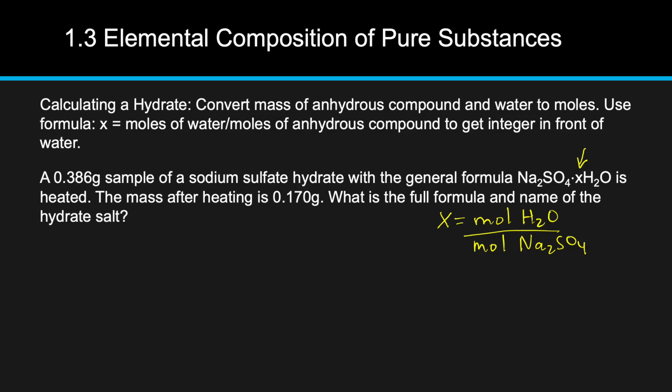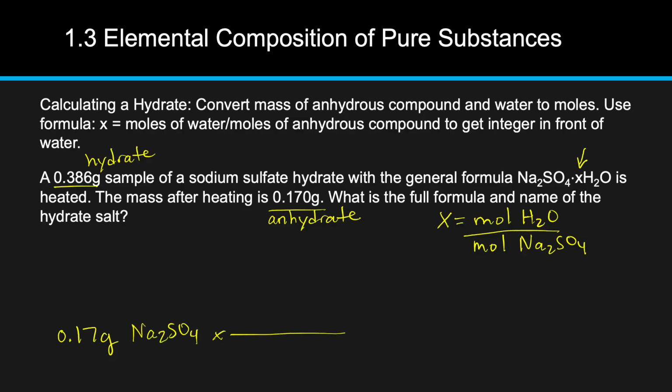In order to actually solve for X, we need to convert our grams into moles. Right now we're given our grams of our hydrate, or with the water, and we're given our grams of our anhydrate, which is without the water. We're already given the mass, 0.17 grams of Na2SO4.